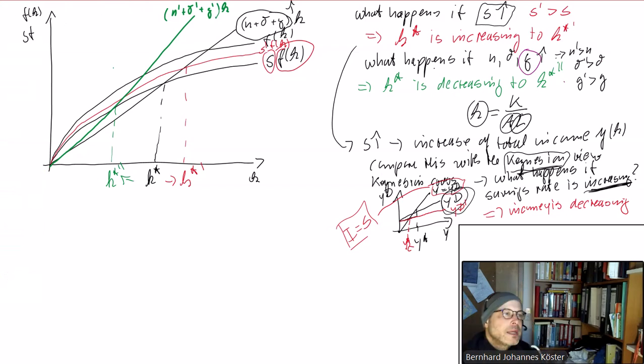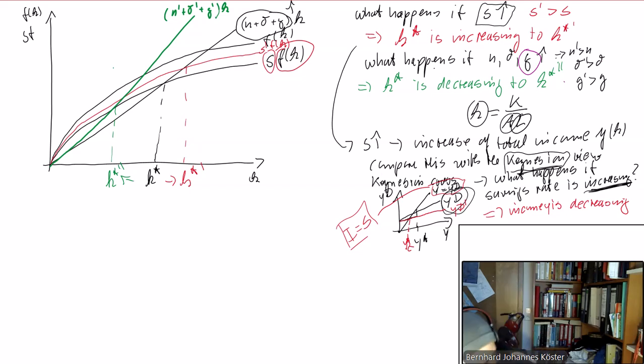That steady state is going down if g is going up. But of course, this more or less then means that we are more effective in our production. So we need not that many people as before if our technology level is higher.